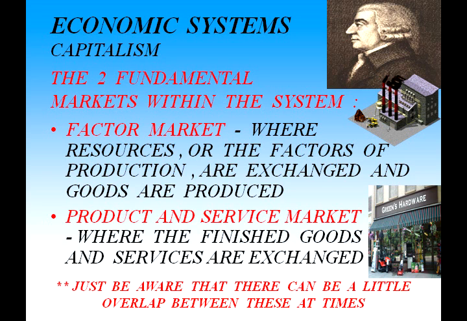Walmart, as an example, does not produce anything specifically, meaning manufacture or develop something. Therefore, it's not part of the factor market. It operates exclusively in the product and service market, closely related to the households. And that's why we have this point at the bottom of the slide here that says, just beware that there can be a little bit of overlap between these markets at times.